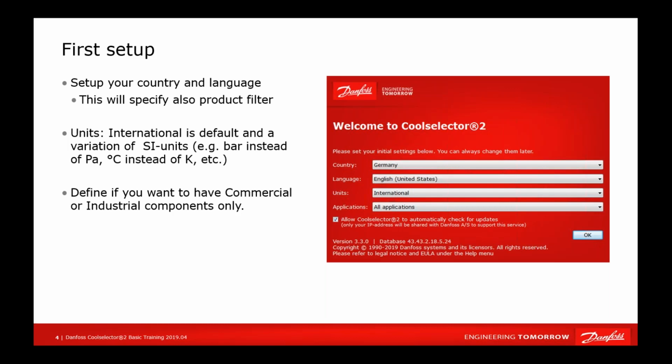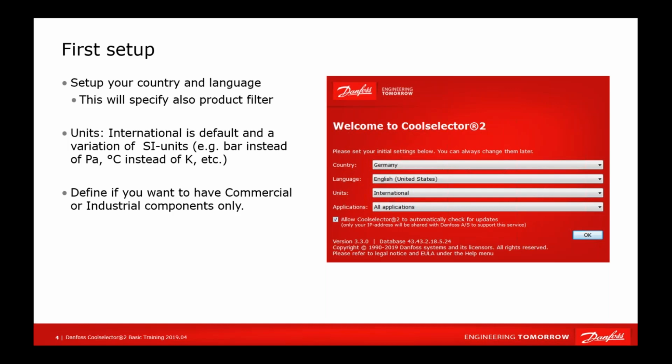So we are continuously working to improve and extend Coolselector. This is an ongoing process, and we still have a long list on our to-do list. So you will be happy, we hope, to get the next update and to see what else is newly available.